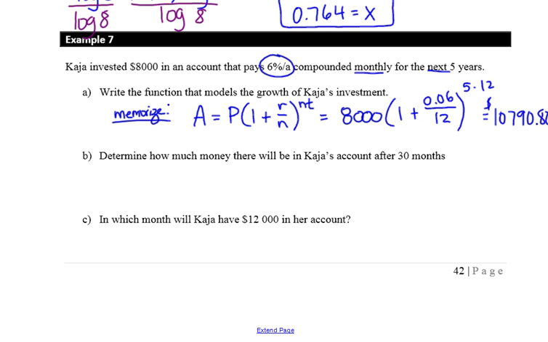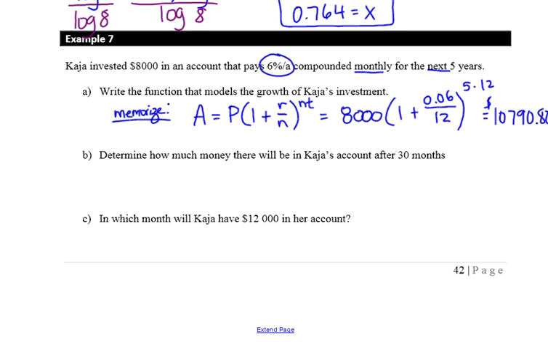So she earned about $2,700, almost $2,800.